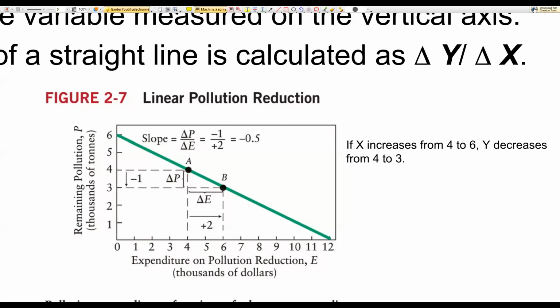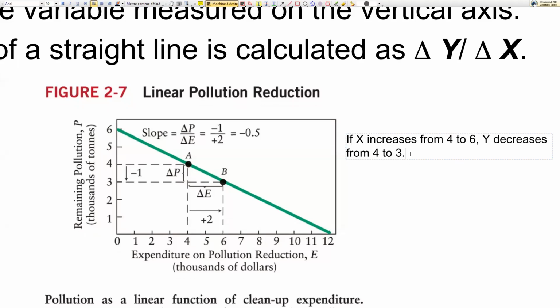Then delta x equals 2, and delta y equals -1, and the slope is delta y over delta x.